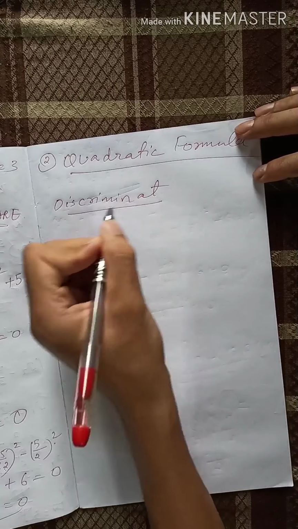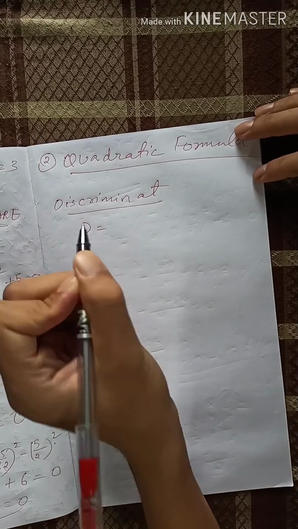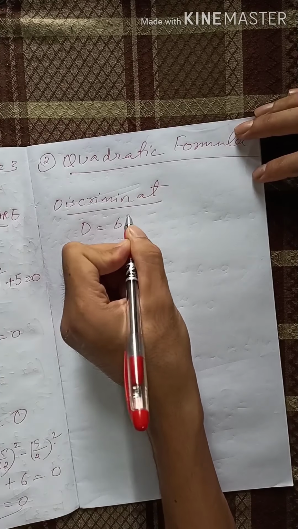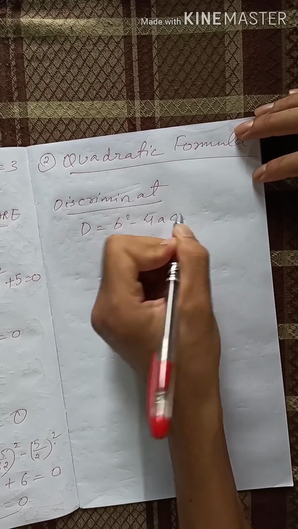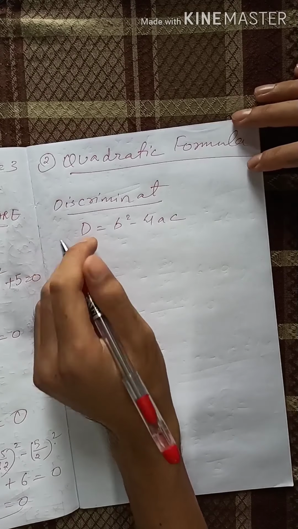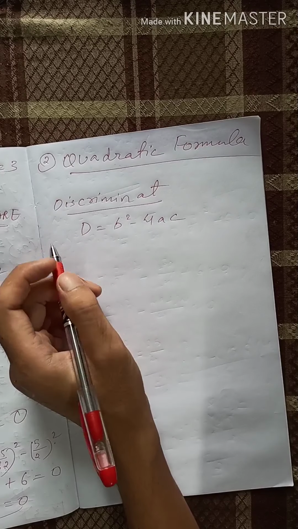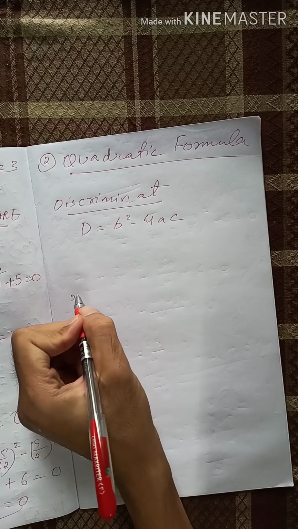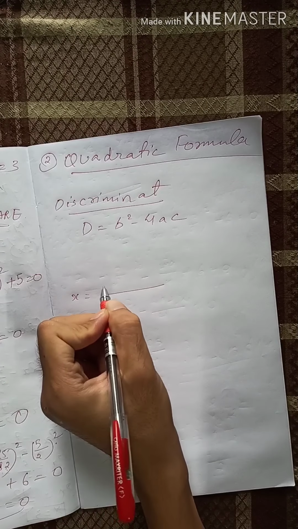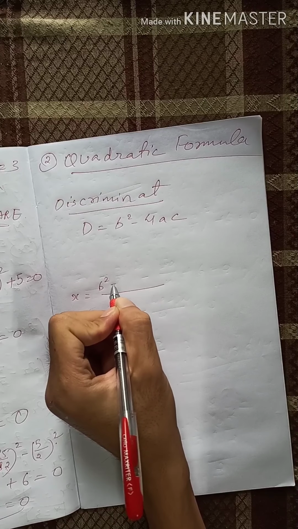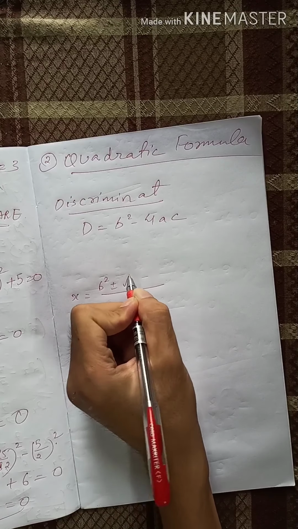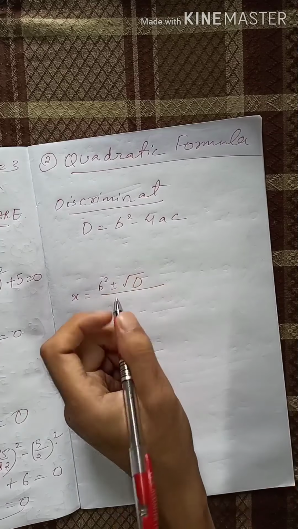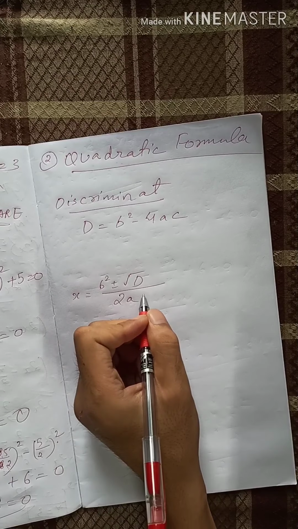In short, discriminant is denoted by capital letter D. The formula for discriminant is b square minus 4ac. According to this discriminant, we can find the roots. How do we find the roots? X equals minus b plus minus square root of discriminant by twice a.